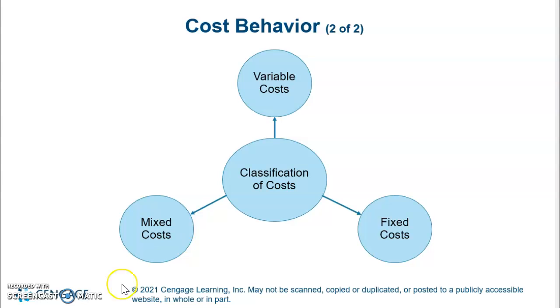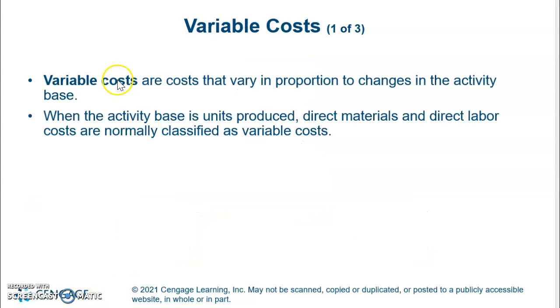Variable costs are costs that vary in proportion to changes in the activity base. And when the activity base is units produced, direct materials and direct labor costs are normally classified as variable costs.